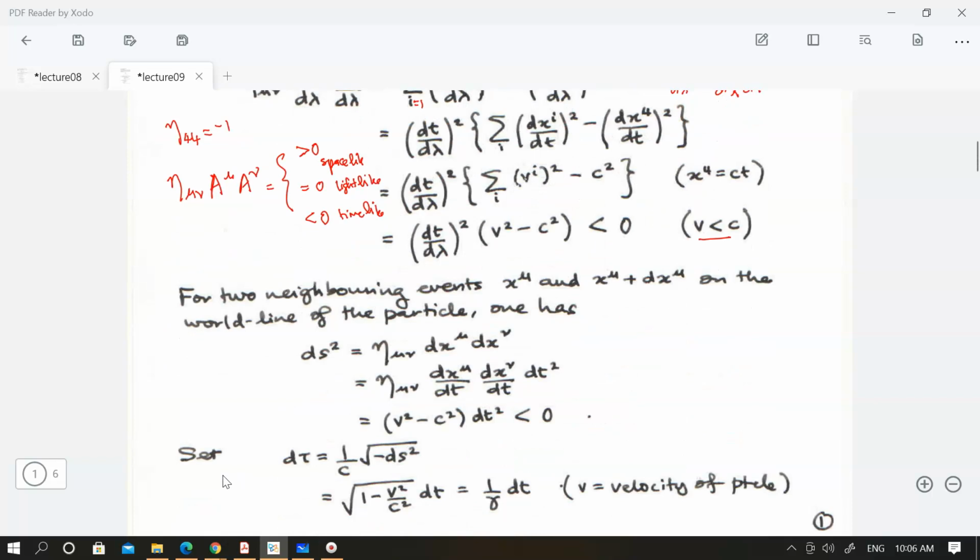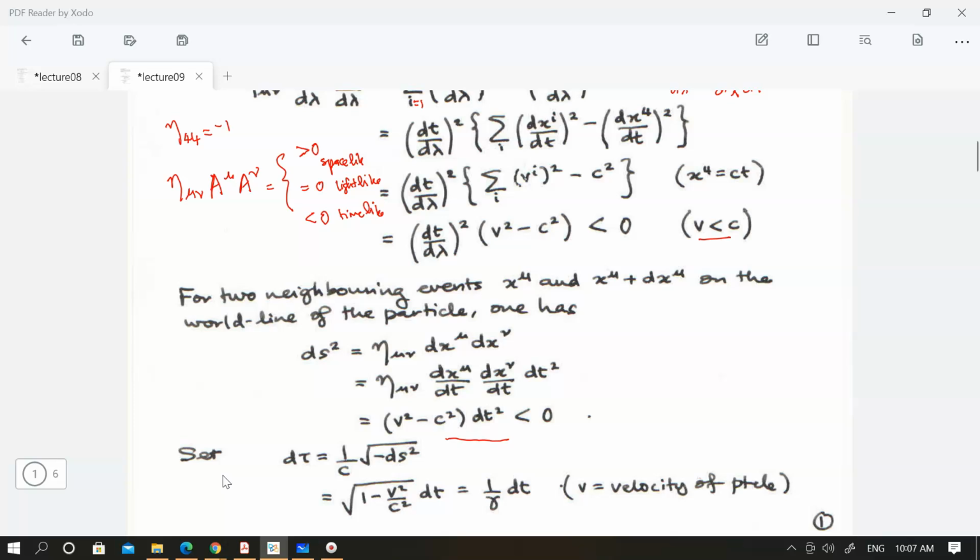With this, you can see what we're trying to do over here. We go back to this interval squared in 4 dimensions, and this is given by that. Now I can simply divide this by dt and then multiply by dt, so it just cancels out. In this particular case, you have this to be the derivative with respect to t, and you get essentially the same thing here, just like over here. But over here, we do not know what this is yet.